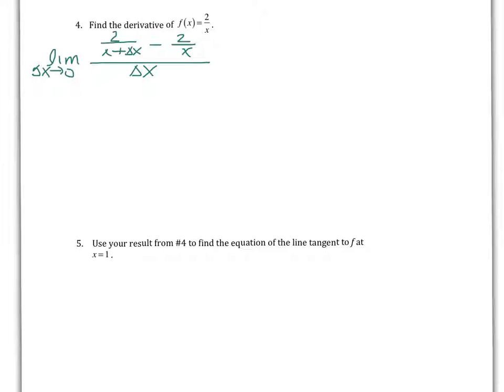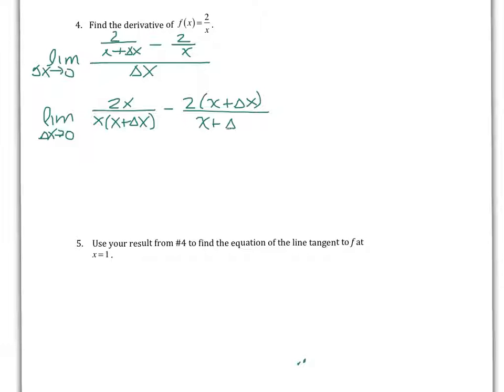So we have the limit as delta x approaches 0. If I want to find a common denominator, it's just going to be x times x plus delta x, so that gives me 2x over x times x plus delta x minus 2 times x plus delta x over x times x plus delta x.